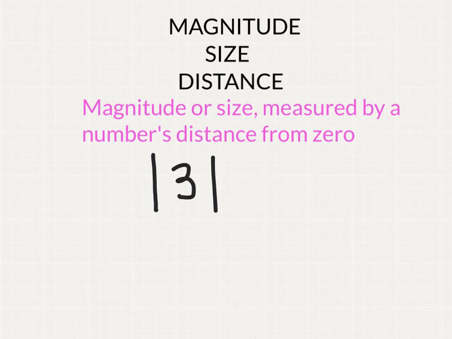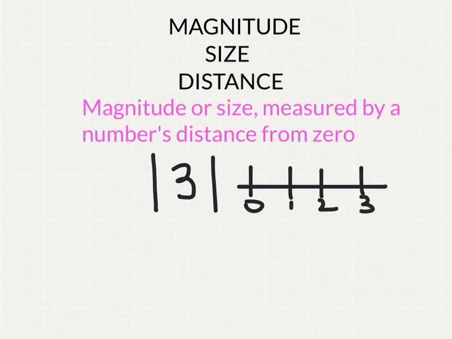For example, this would be a request for the absolute value of the number 3, which we know would be 3, measuring its distance from 0.